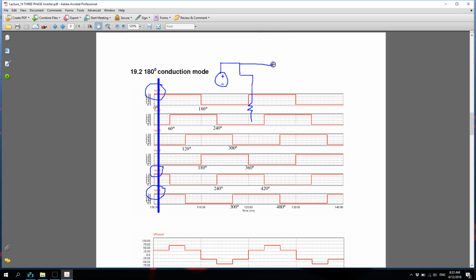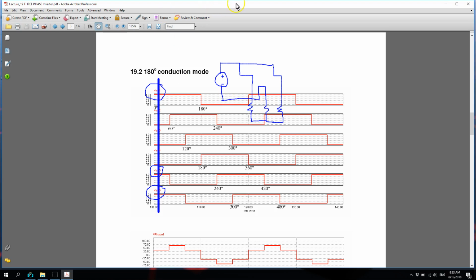From that point you go to switch 5, straight here, and this is phase 3. Now you go to R2 and connected to switch 6 here as a short circuit, and now it comes back to the negative terminal.